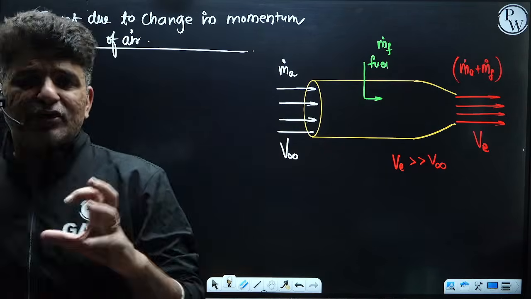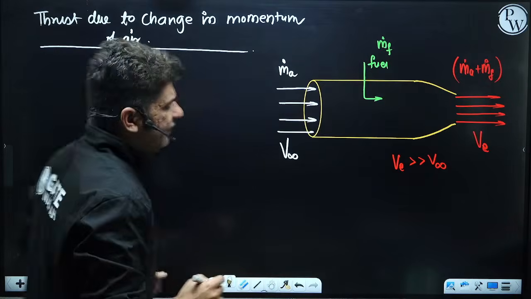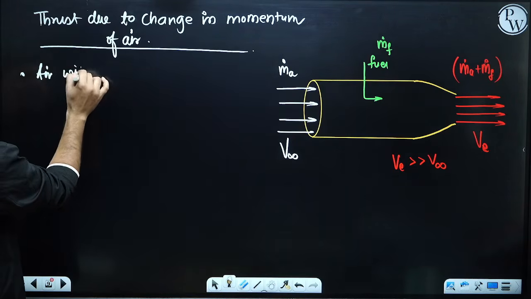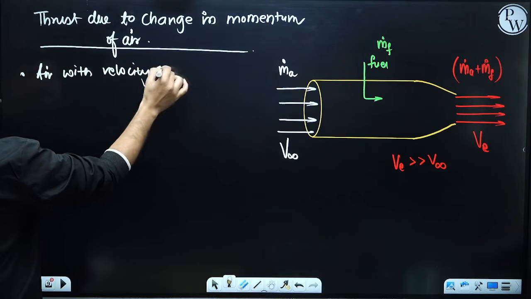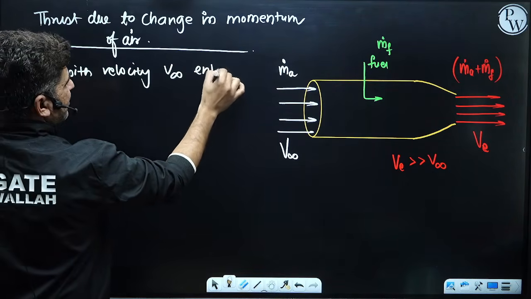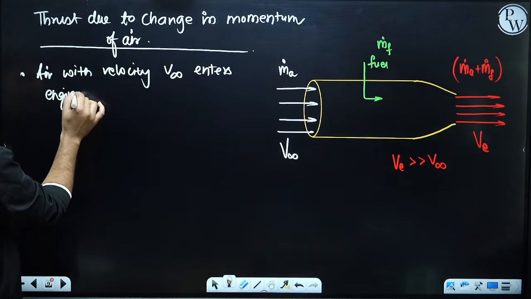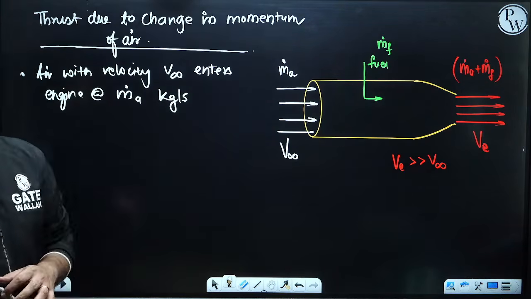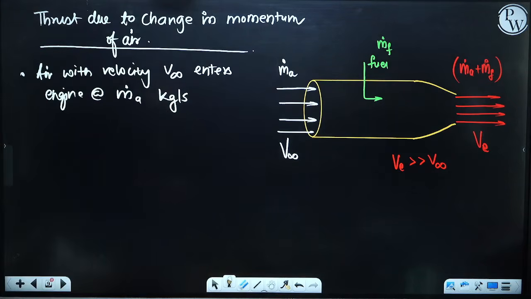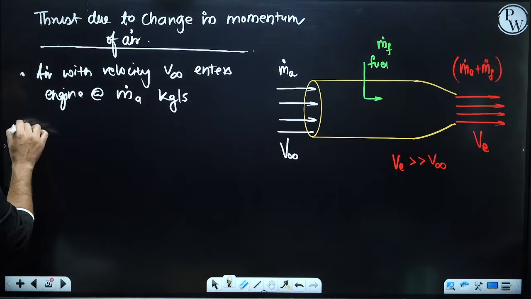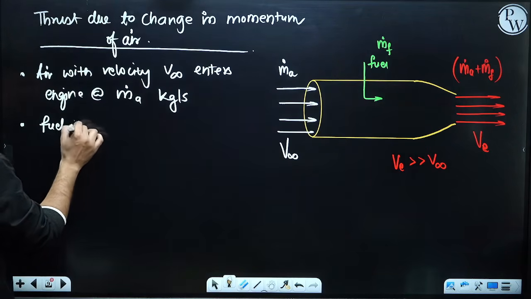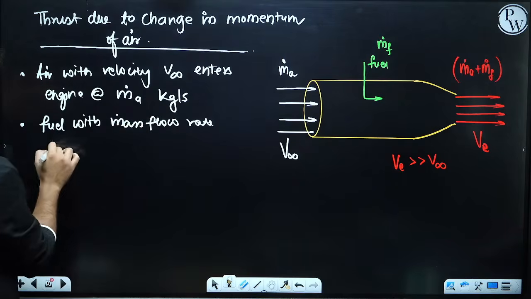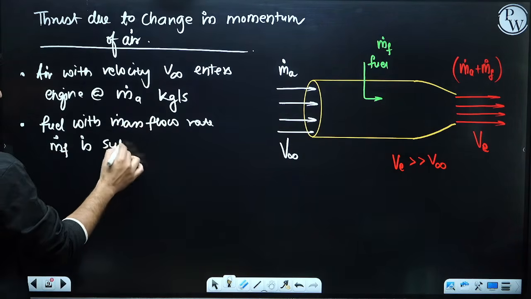Okay, so for the first component, let's say there is air which is coming in. First we will write that air with velocity v infinity enters the engine at mass flow rate, that is m dot a kg per second. This is air entering. Now we burn a fuel with mass flow rate m dot f, which is supplied to air.